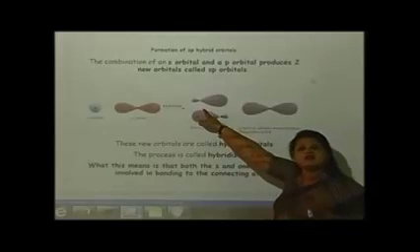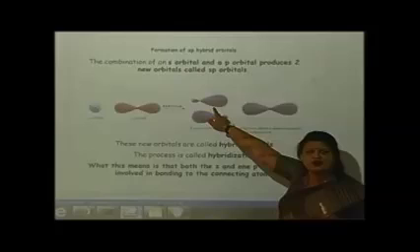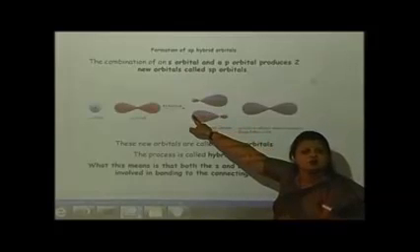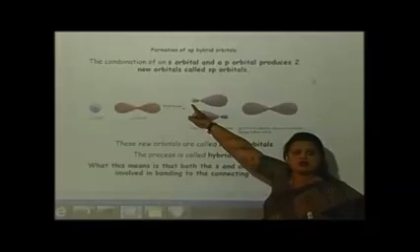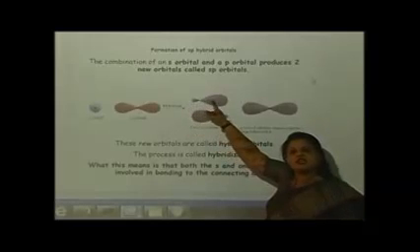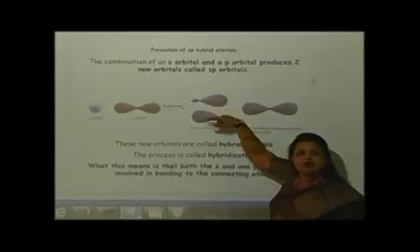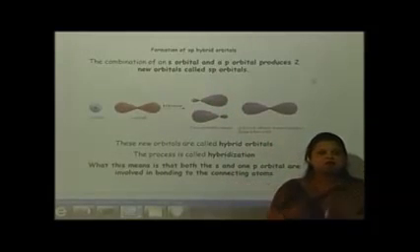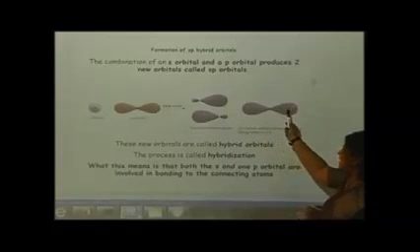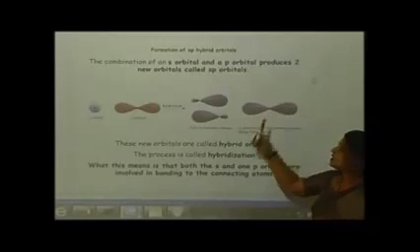But whenever we show bonding, we just show the major lobe, because the minor lobe is not important for us, so most of the time we ignore it. Some of the books show the smaller lobe also, this is the minor lobe, but bonding takes place through the major lobe only. So, two hybrid orbitals are formed, they are oriented so as to have minimum repulsion, and minimum repulsion is possible only when these hybrid orbitals are at an angle of 180 degrees.